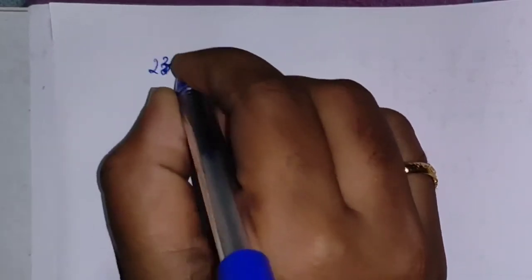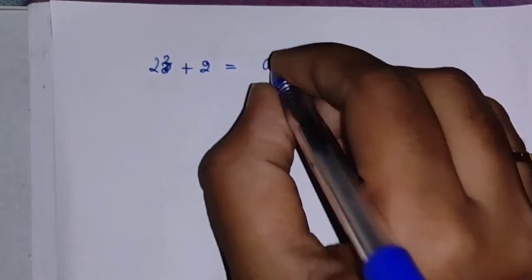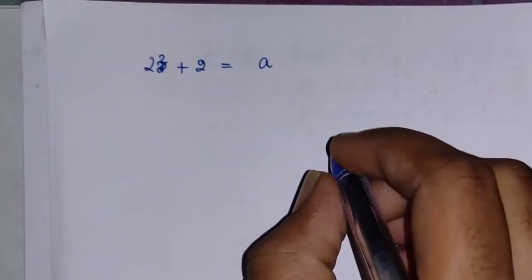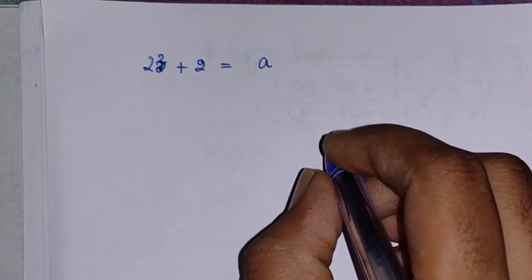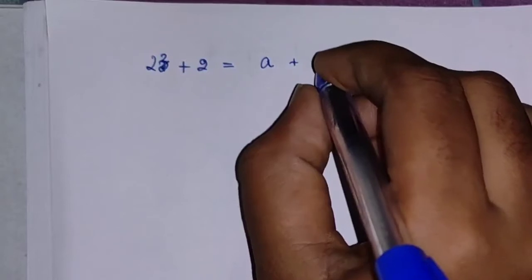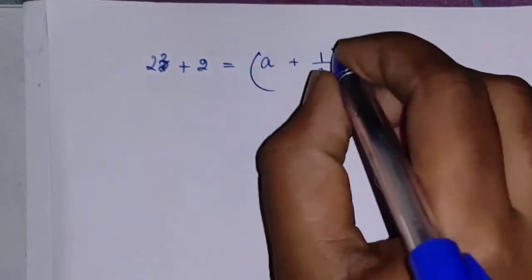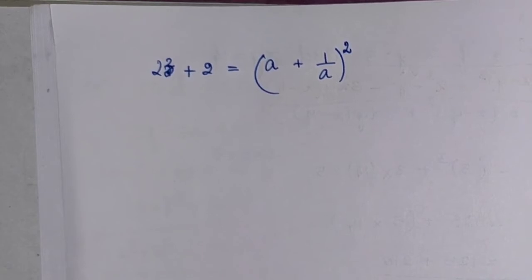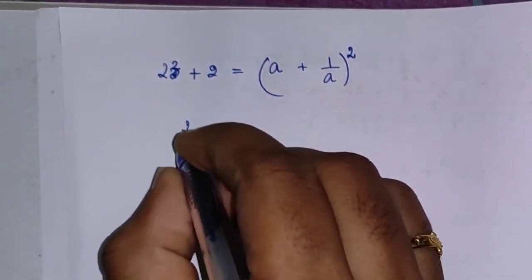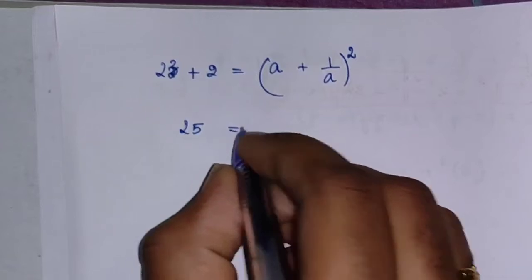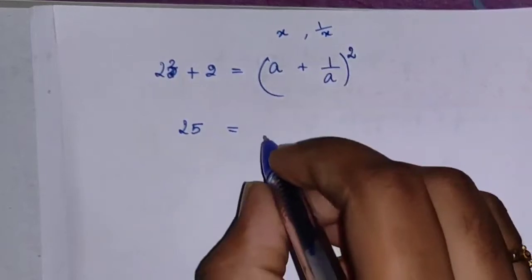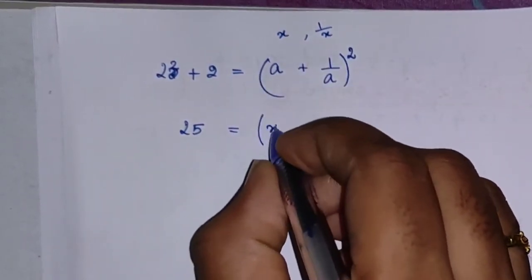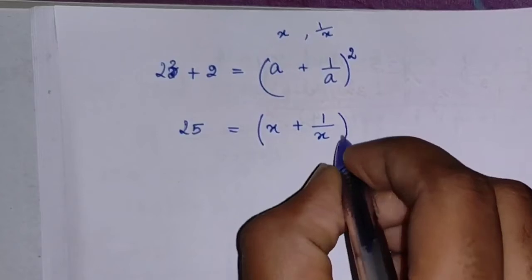Therefore 23 plus 2 is equal to x plus 1 by x the whole square, so 23 plus 2 will be 25. 25 is equal to, in the question it is mentioned as x and 1 by x, so I'm going to replace a as x plus 1 by x the whole square.